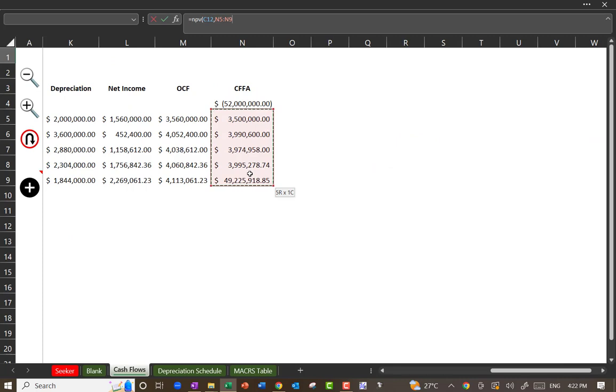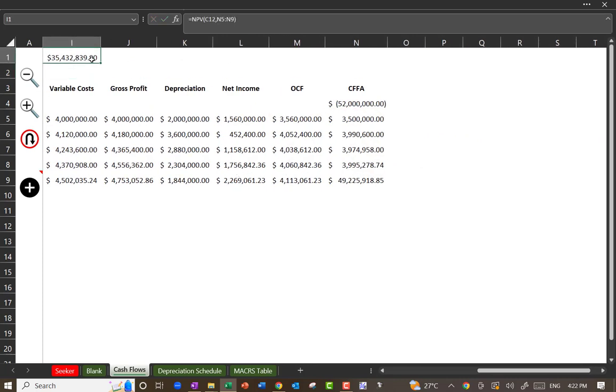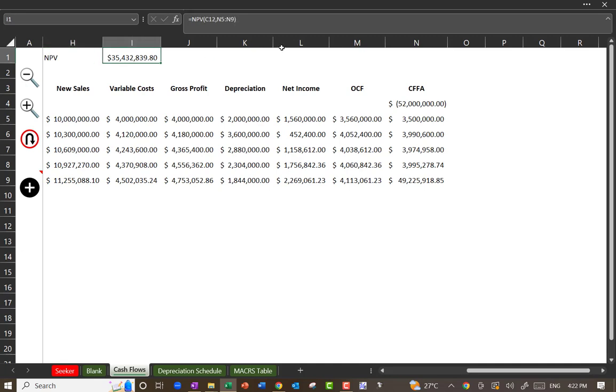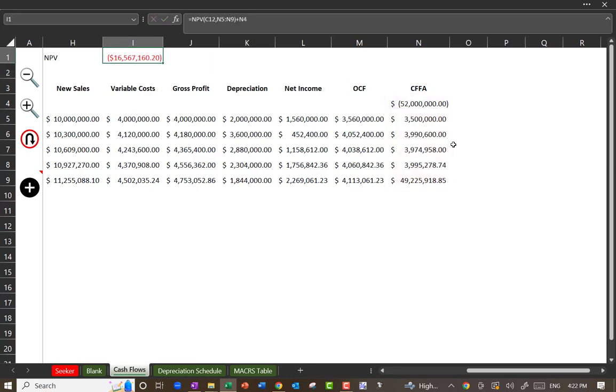So I'm going to do it from year 1 to 5. But that's present value of future cash flows. To that, I'm going to add the value of CFFA now. So given what we put in, this project actually doesn't make much money. It has negative 16.5 million net present value.